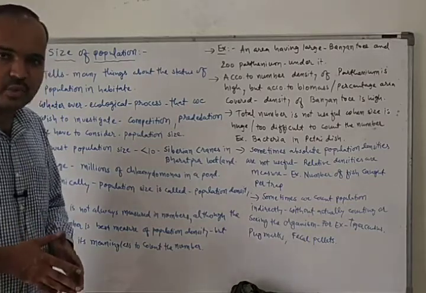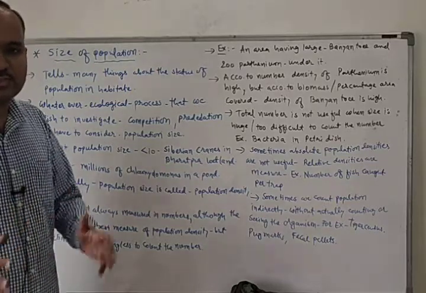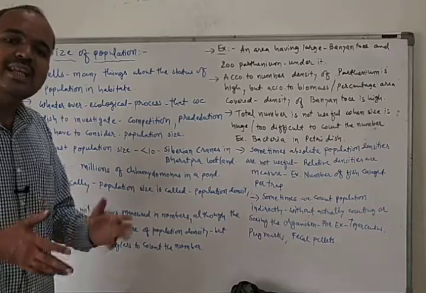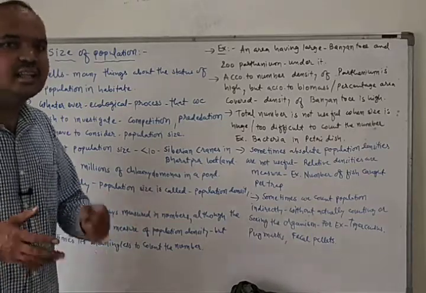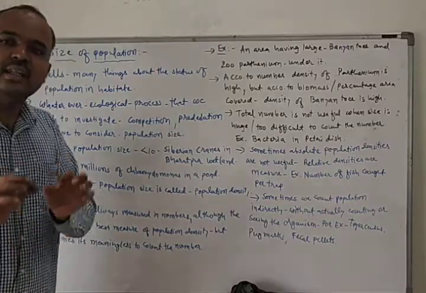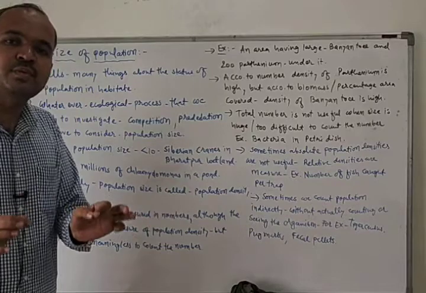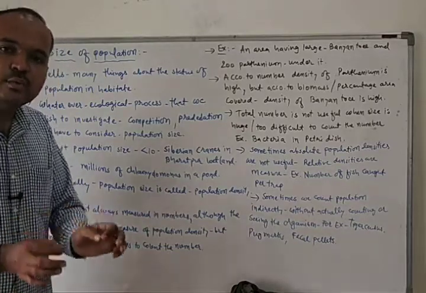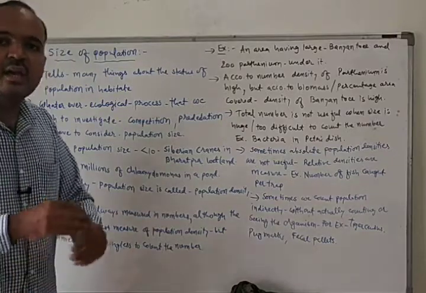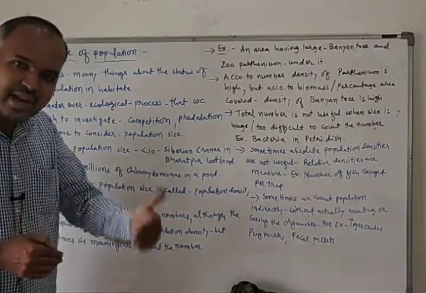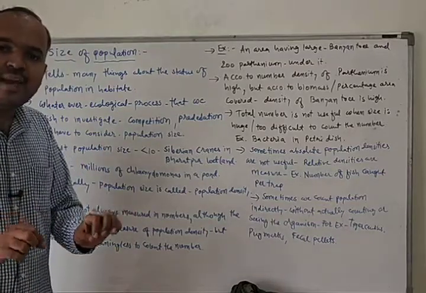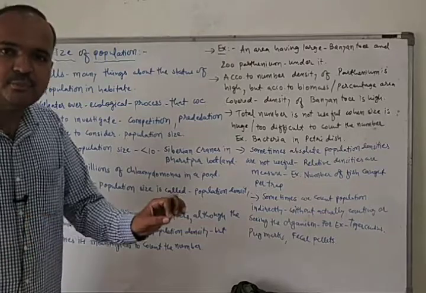So we are learning the topic size of population, and we said that the size of the population says many things regarding its status in the habitat. Whatever ecological process we wish to investigate, whether predation or competition, we have to evaluate it on the basis of the size of the population.